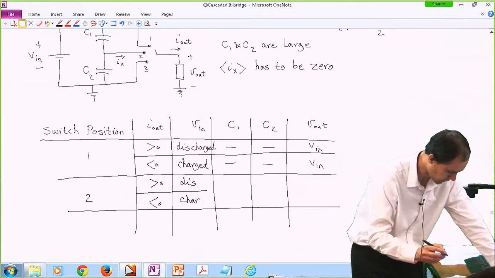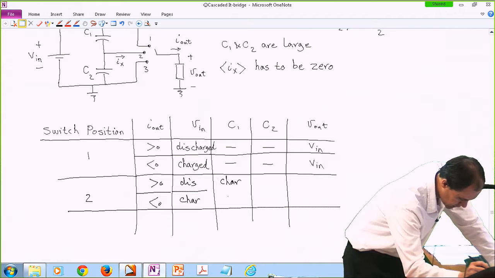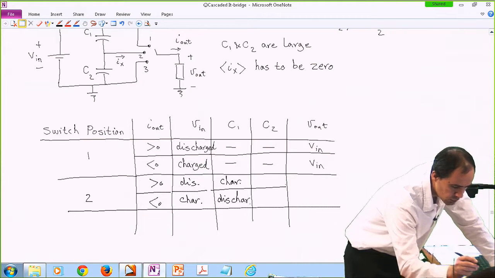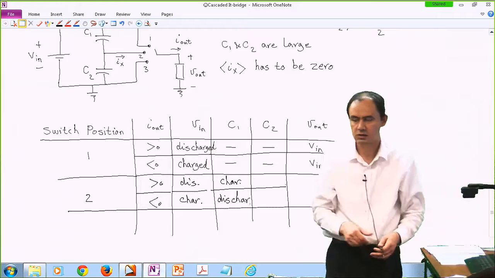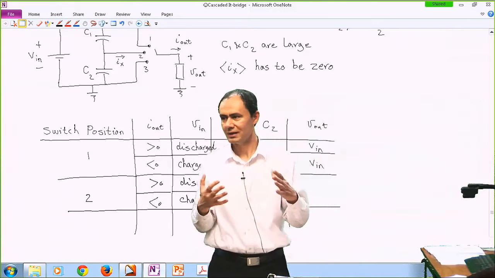What about C1 and C2? C1 is going to get charged. C2 is going to get discharged. And C2 the opposite, basically. So C1 and C2 are in series with each other, and VC1 plus VC2 at any given time is Vin.